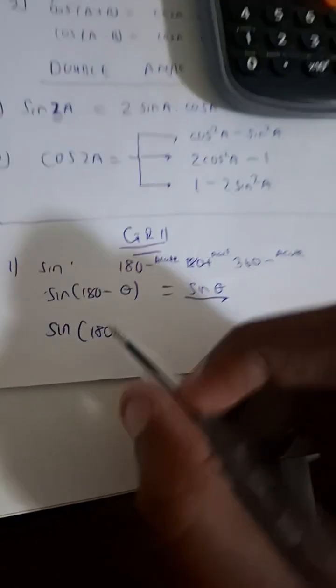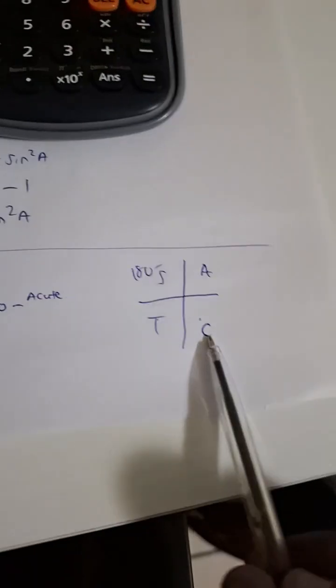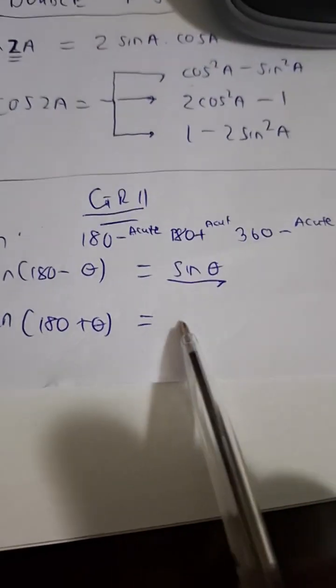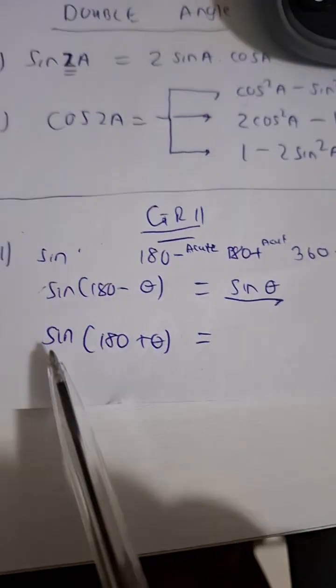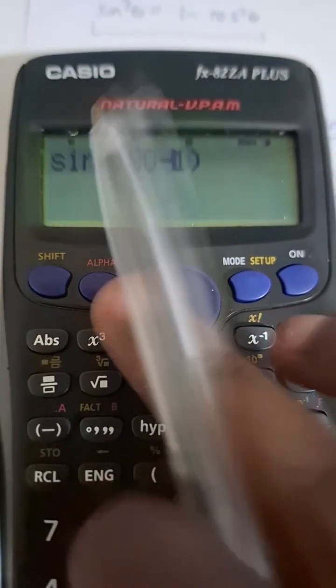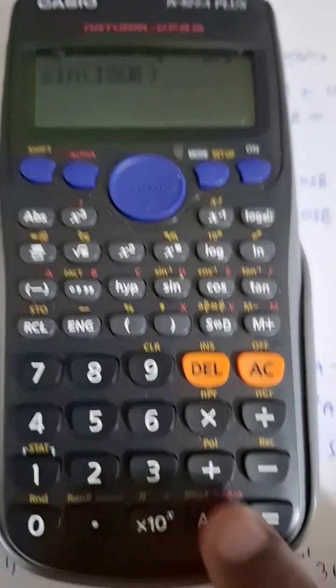So you say 180 plus theta. Let's say you tend to forget, or mess up the sign of sine of 180 plus theta. You don't write the correct sign, positive or negative. So like I said, for 180 plus theta, you can go to your calculator and in the place of theta, you substitute 1.